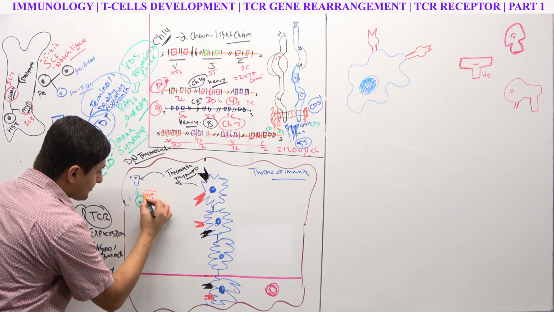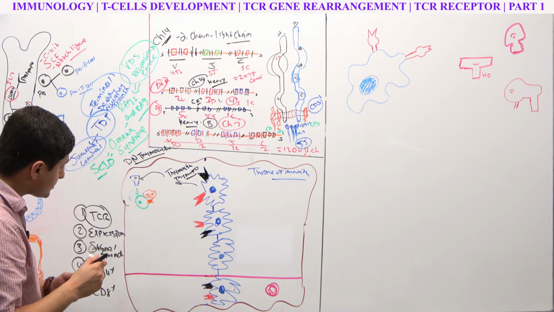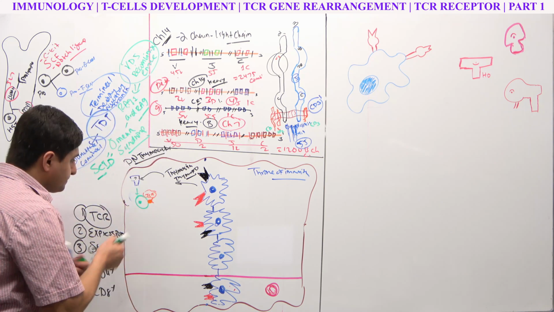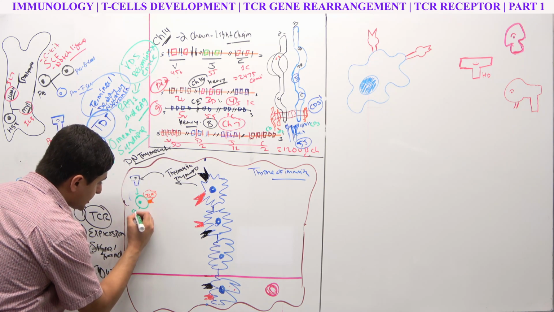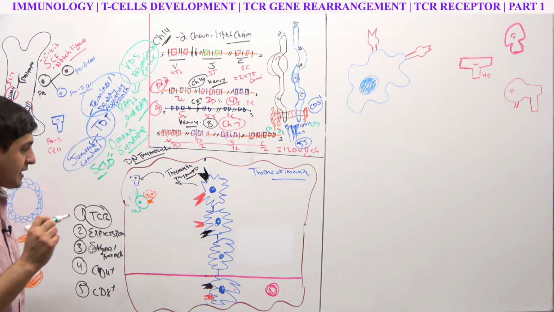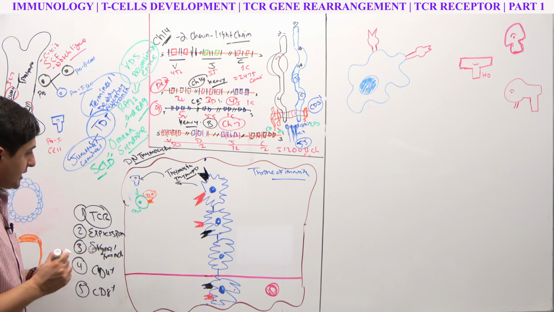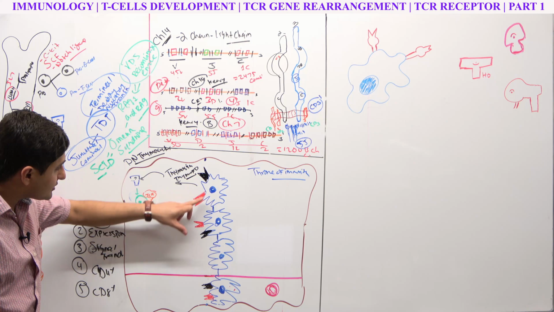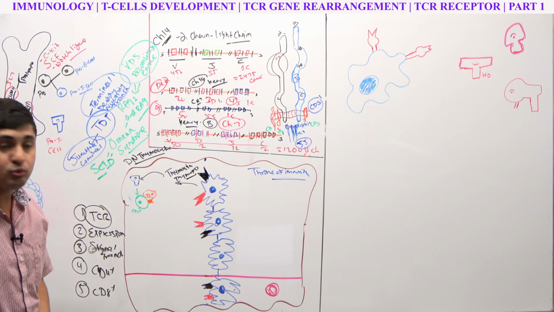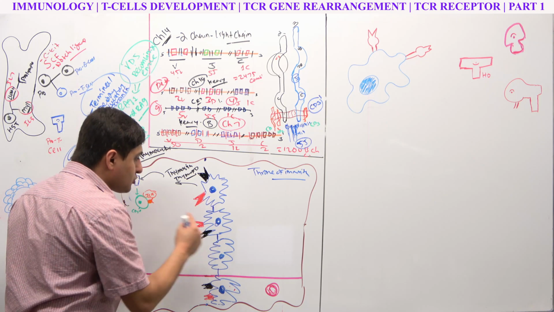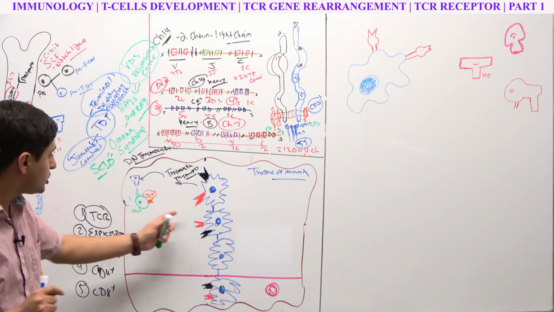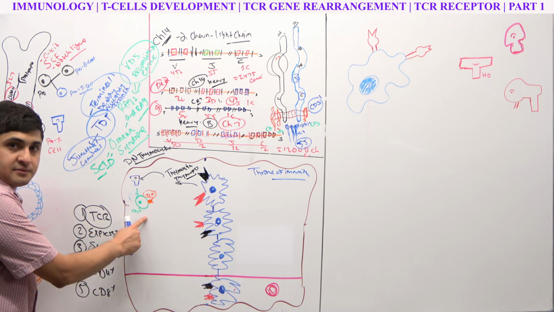Now the TCR receptors are there. Now we also have to talk about CD3 positive cells. What is going to happen is that the thymic epithelium will show something called self-antigens. They will show some peptide to these T cells.